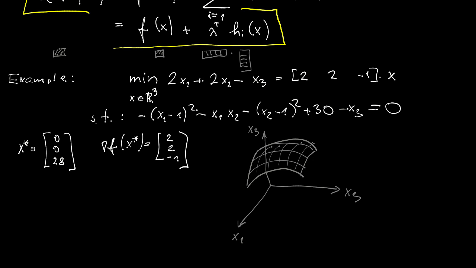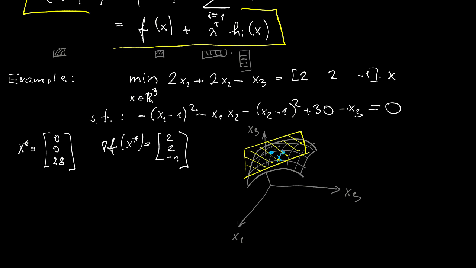So this was my feasible set, and then somewhere over here I have the critical point x star, and say this is the tangent plane to the critical point.